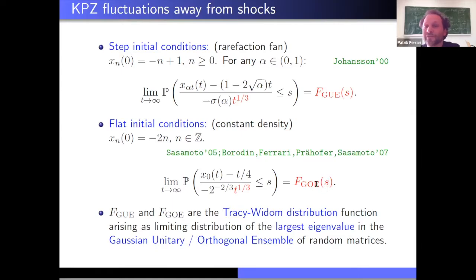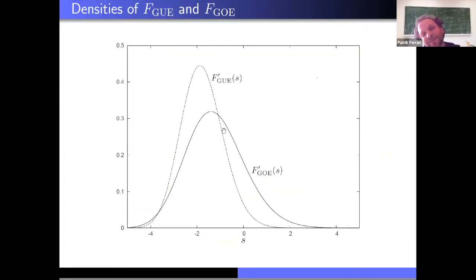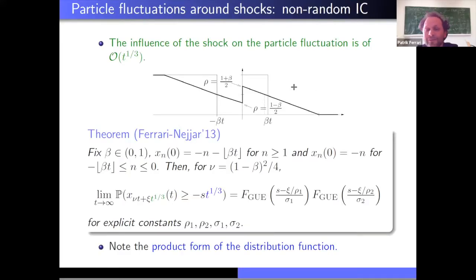It's the GOE Tracy-Widom distribution. These have nice densities, which nowadays you can even plot easily using Mathematica, because they implemented these universal distributions. And this is the first result we obtained quite a long time ago with Peter Nejjar. It is about the fluctuation of particles in a neighborhood of the shock for non-random initial conditions.